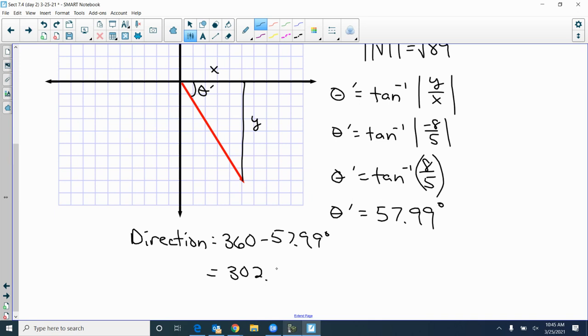Good guess there, Tony. 302.01. So you got to watch if it's not in quadrant 1, because the answer when you do the inverse tangent is always going to give you an answer between 0 and 90. And then you got to use that as a reference angle.